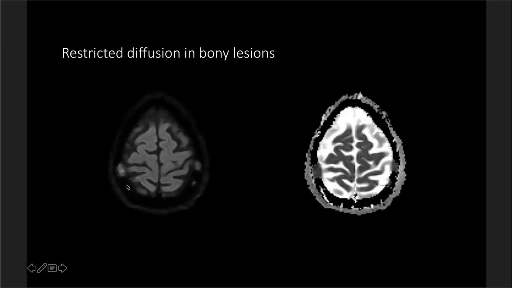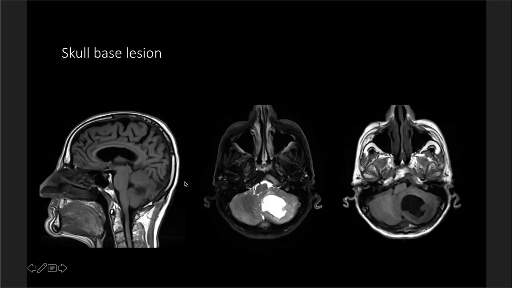So here's the diffusion weighted image, and here you can see these bony metastases very well on diffusion. Here we have an additional lesion in the skull base. So the normal signal in the clivus is bright on T1, and here we have this dark lesion on T1. It's bright on the T2 fat saturated image in the left side of the clivus, and here it is dark on T1. So multiple bony metastases in addition to the cerebellar metastasis.